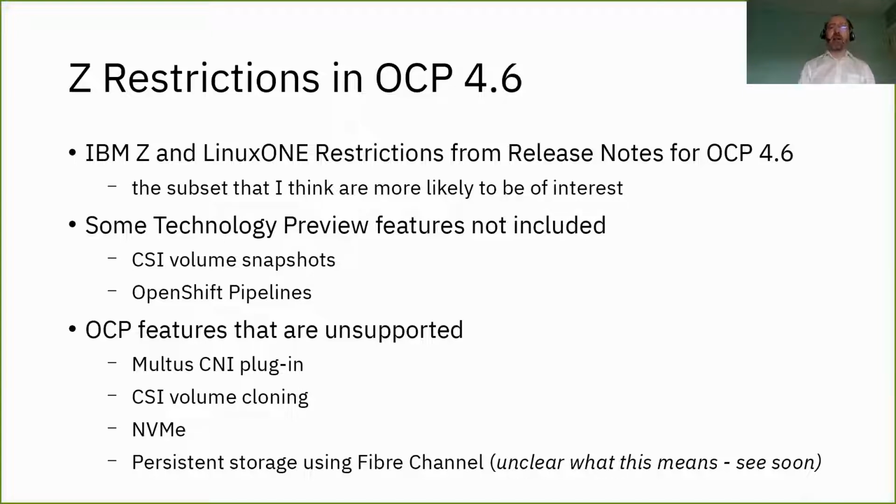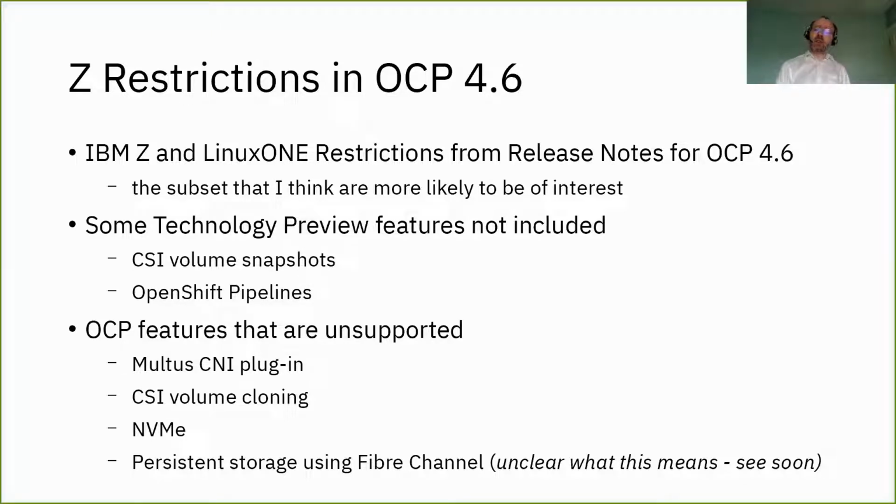What we'll see later is that Multus is quite a nice way of having multiple ways of doing networking within the cluster. And we'll see later on that that might be quite a nice thing to do in the Z world. So I'm keeping track of the fact that it's not quite there on Z yet.